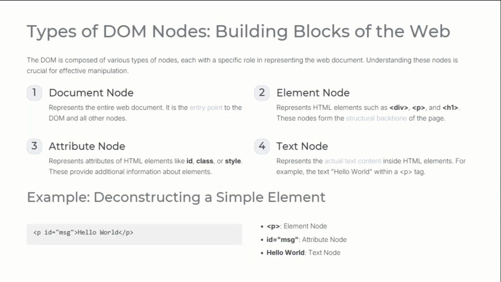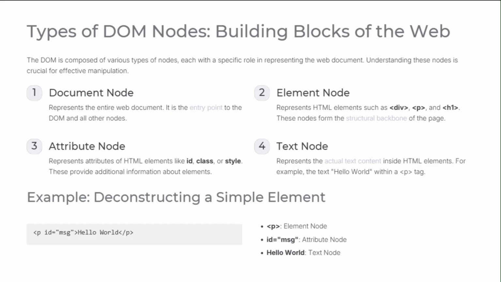Now, we'll talk about the types of DOM nodes, which are also known as the building blocks of the web. The DOM is made up of different types of nodes. First, the document node. The document node represents the entire document and it is the entry point of the web page.